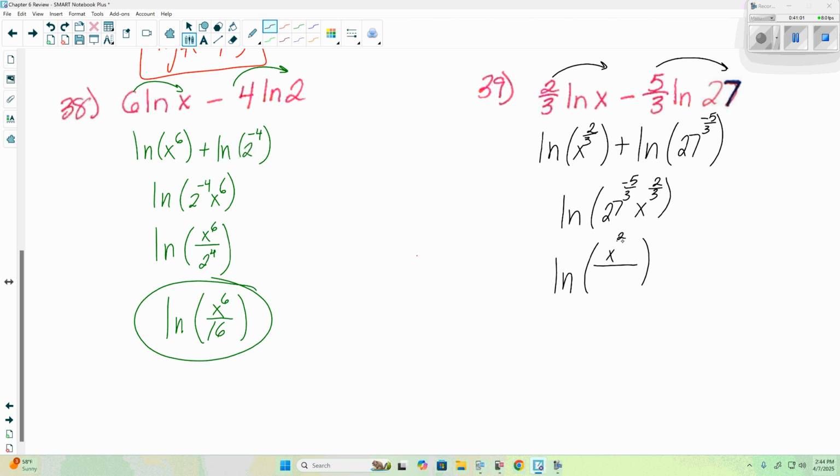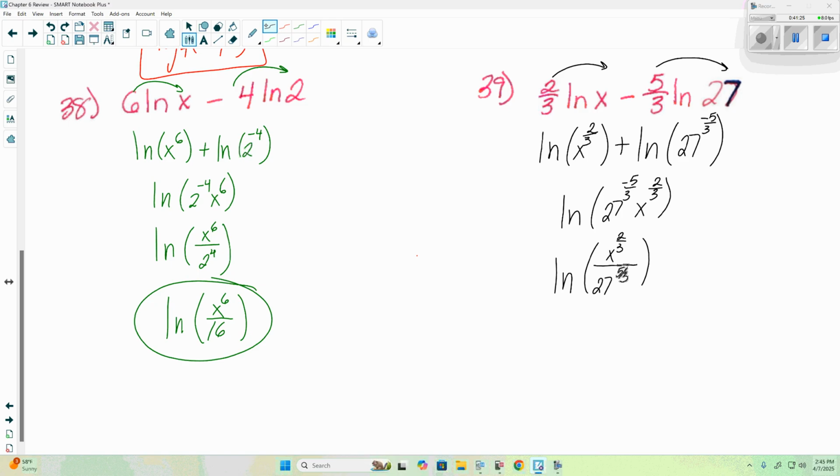Negative exponents, we're going to have to move them to the bottom of the fraction to make them positive. I just wrote it negative still. There we go. All right, 27 to the 5/3. Does that look like it'll give us a nice number?